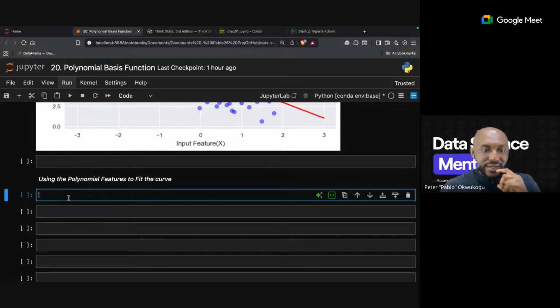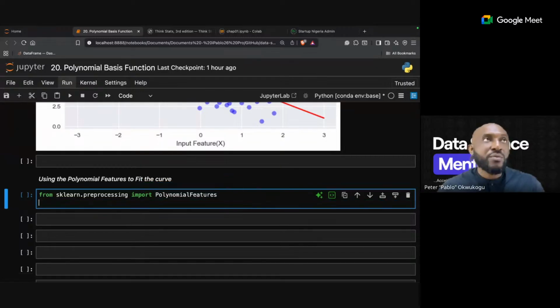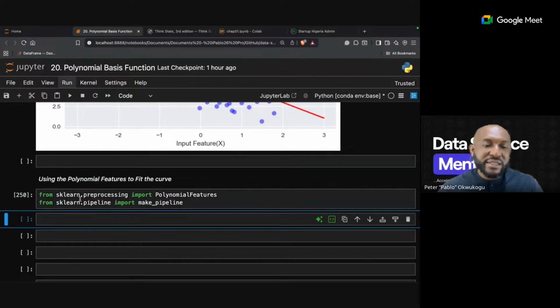So from sklearn.preprocessing, we import PolynomialFeatures. Then we can also say from sklearn.pipeline, we import make_pipeline. So these are the model classes we create.